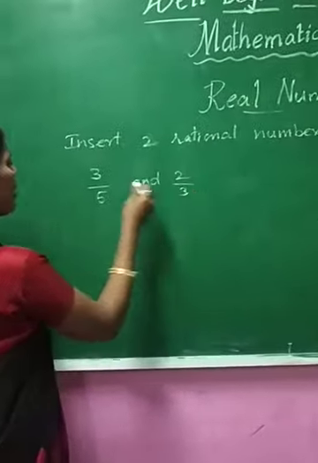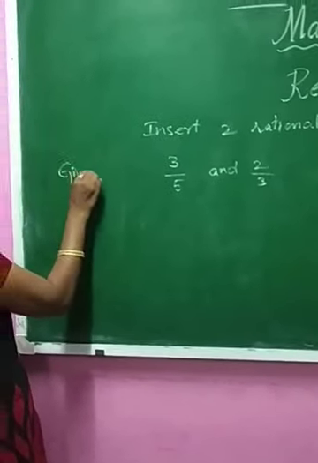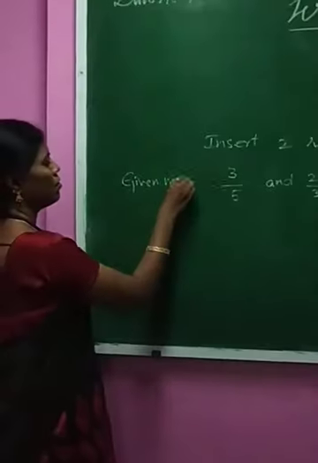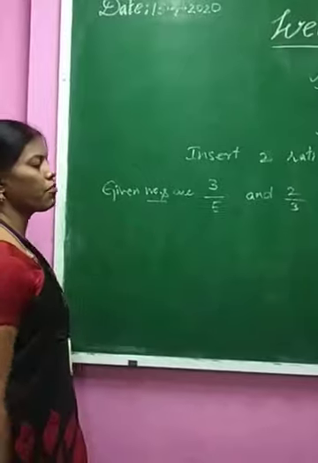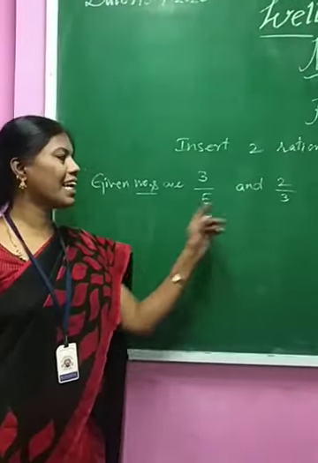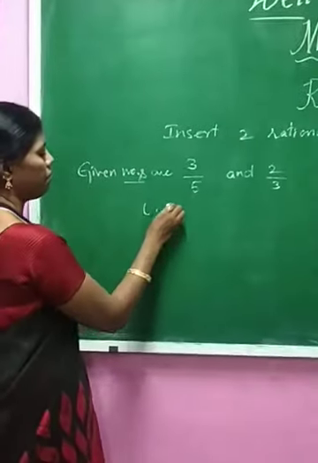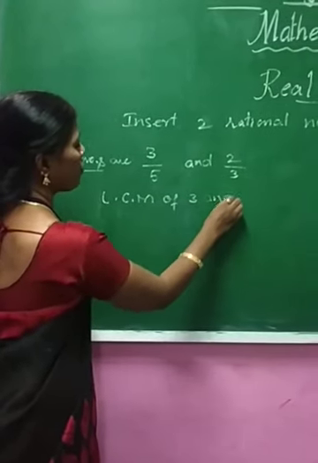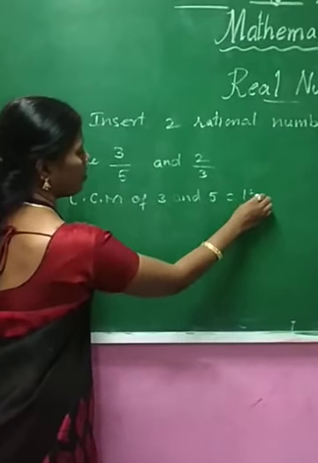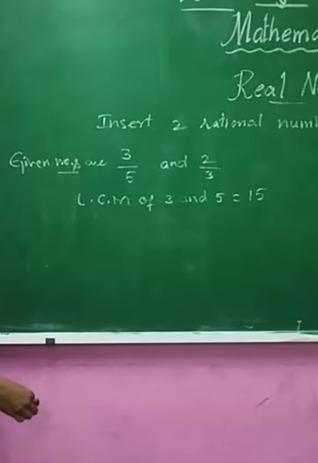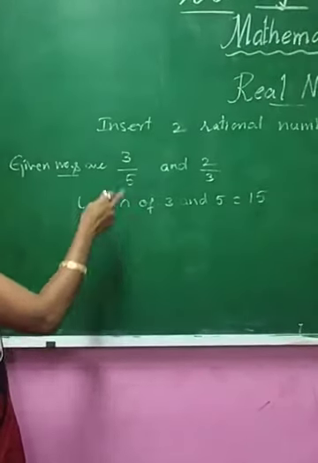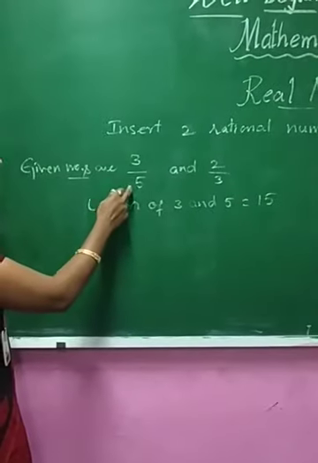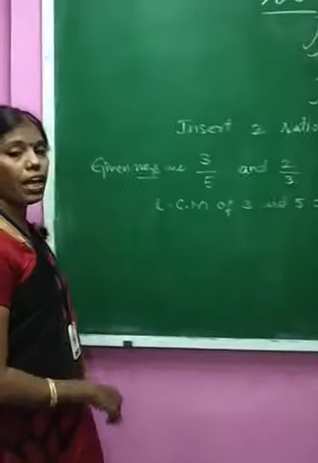For this, the given numbers are 3 by 5 and 2 by 3. Let us take the LCM of 3 and 5. The LCM of 3 and 5 is 15. Now you have to make both numbers into equivalent fractions.